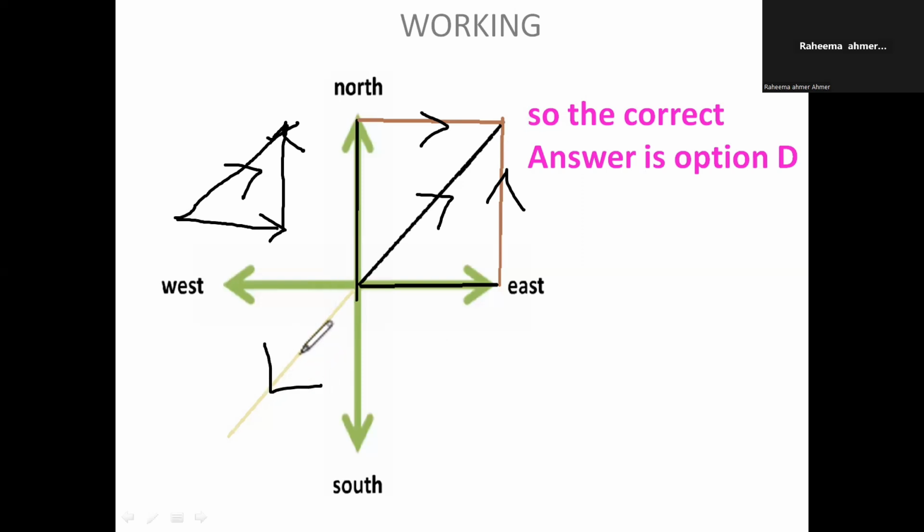So this is the arrow which shows us the single force which balances these two forces. For finding this direction, you just need to look at the quadrant in which it lies. It lies in the south and west, so it is towards the southwest.